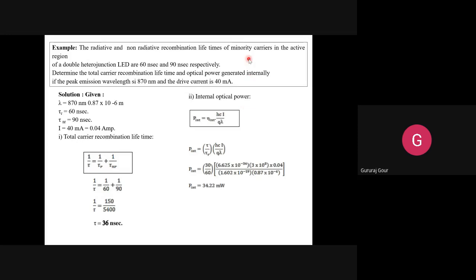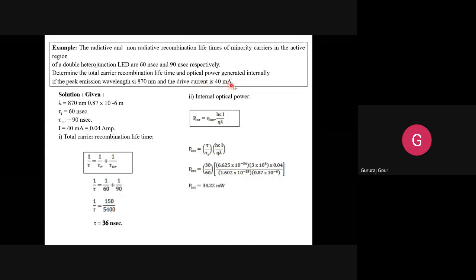See, the problems are very straightforward. They just require you to see what data has been given and what has been asked. Sometimes these numbers will be different. Instead of 870, it may be 1220 nanometer, or maybe the drive current may be different.